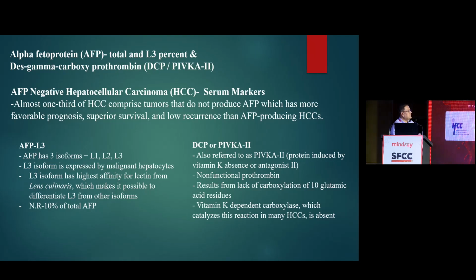Another marker is DCP or PIVKA-II, which is protein induced by vitamin K absence or antagonist II. This is another novel marker. ELISA kits for research use only are available, and that can also be used in such cases of non-AFP secreting hepatocellular carcinomas.